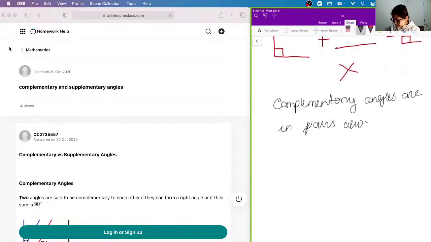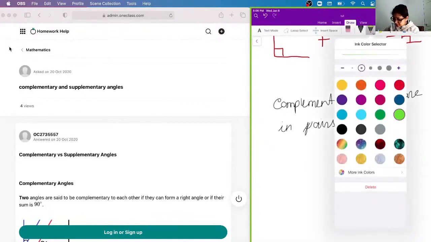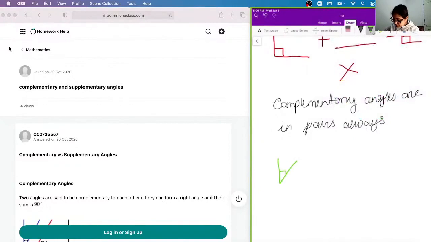For example, if we have three acute angles, alpha, beta, and gamma, and they add up to 90 degrees, these are not complementary.